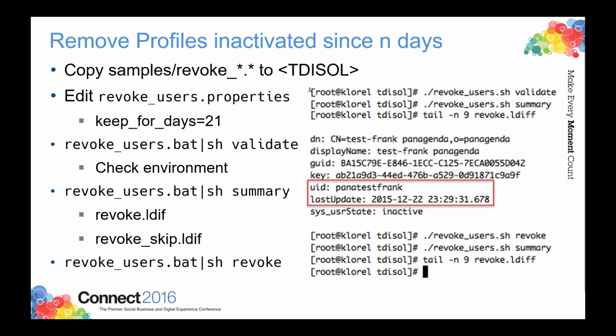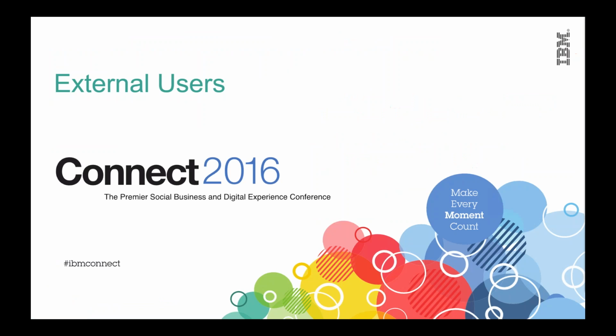So then you can be sure the picture is gone and you're safe about law issues. When you only want to remove pictures or special values, you need to write a separate TDI assembly line. It's not built in within Connections or TDI solutions at the moment.